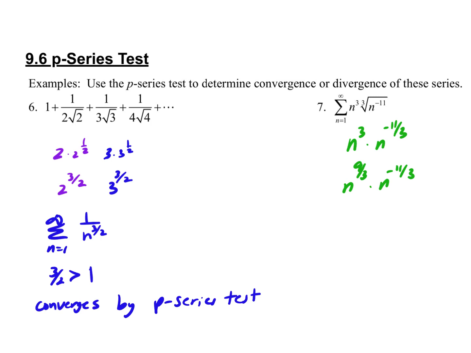Yeah, no, that makes a big difference actually. 9/3, I don't know, 12/3, it's not a 4. 9/3, okay, and then I add those together, I get 1 over n to the 2/3, because this is n to the negative 2/3. This, of course, is less than 1, between 0 and 1.